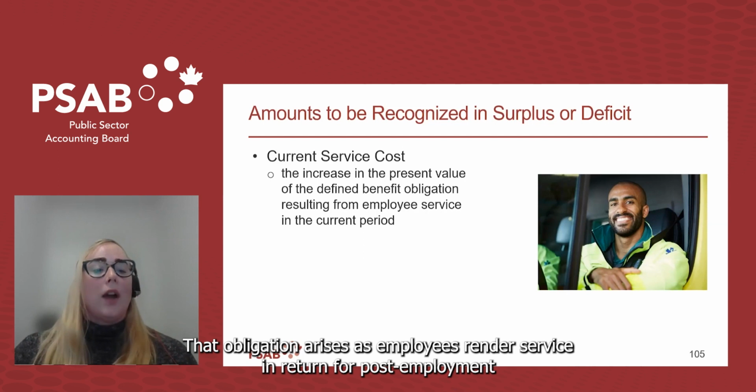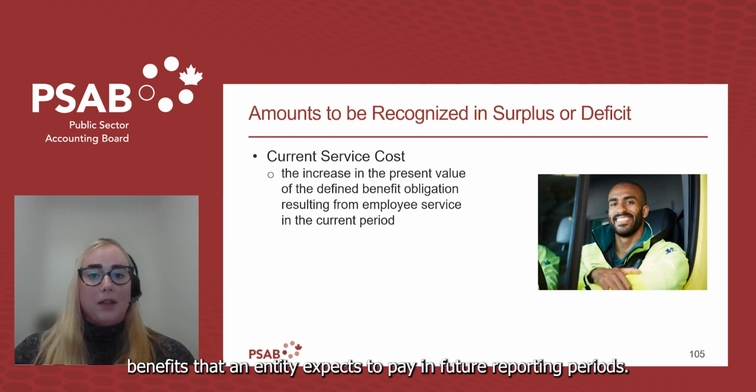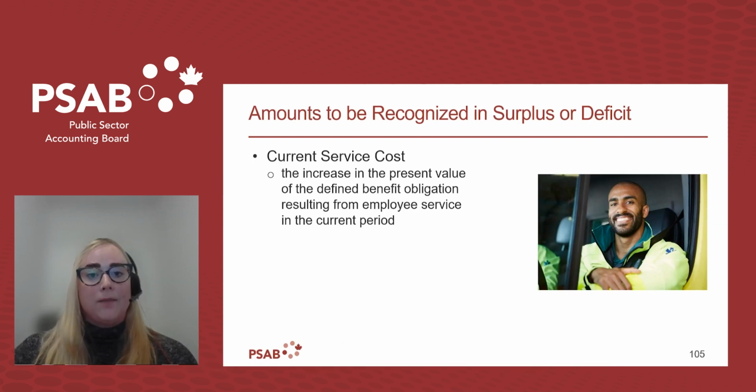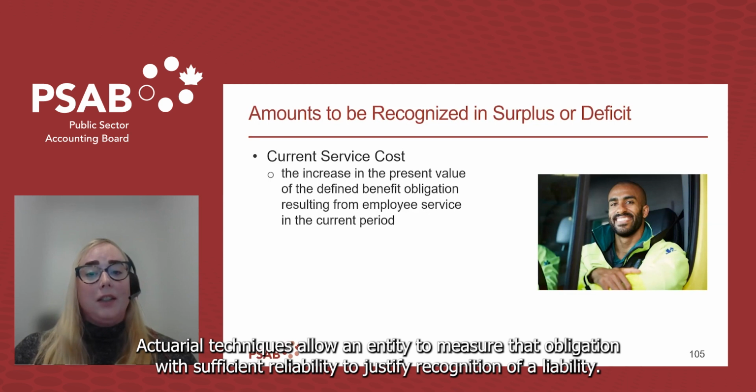That obligation arises as employees render service in return for post-employment benefits that an entity expects to pay in future reporting periods. Actuarial techniques allow an entity to measure that obligation with sufficient reliability to justify recognition of a liability.